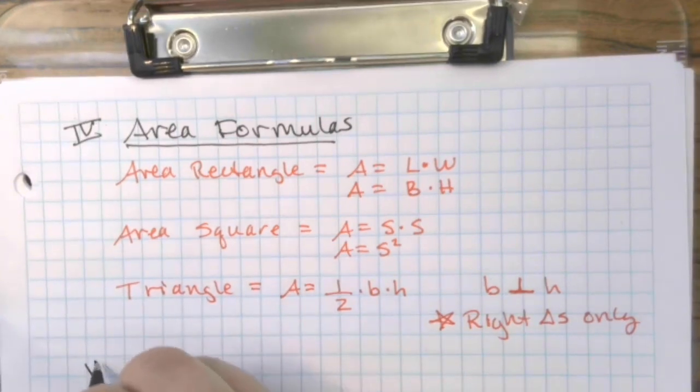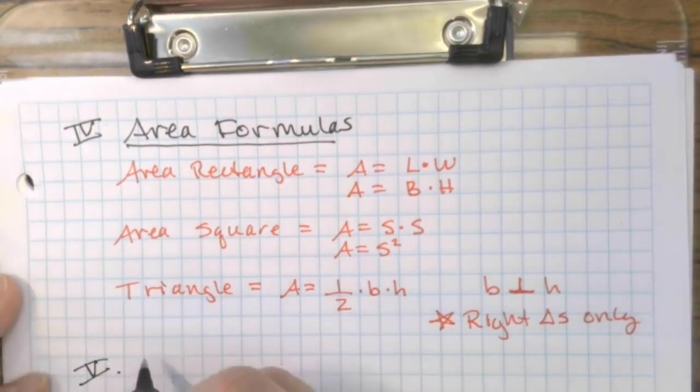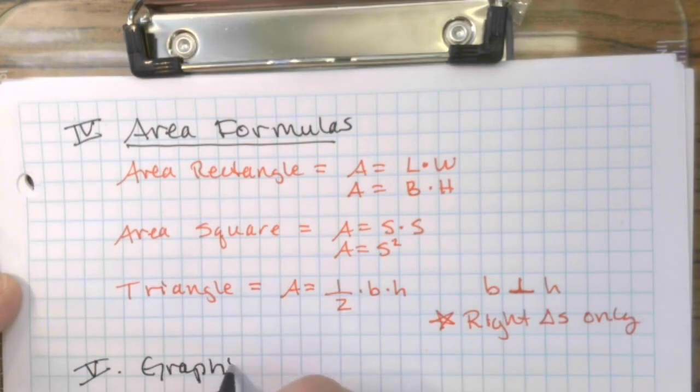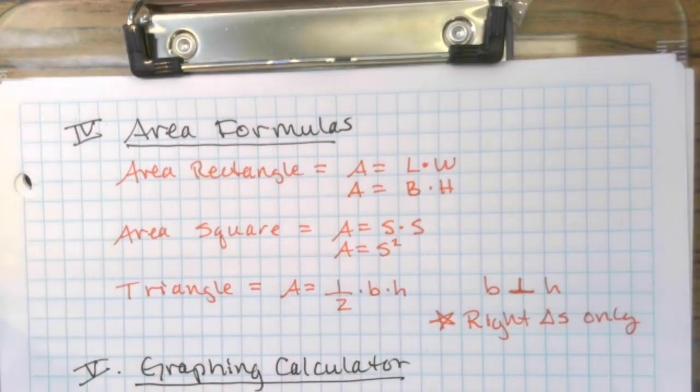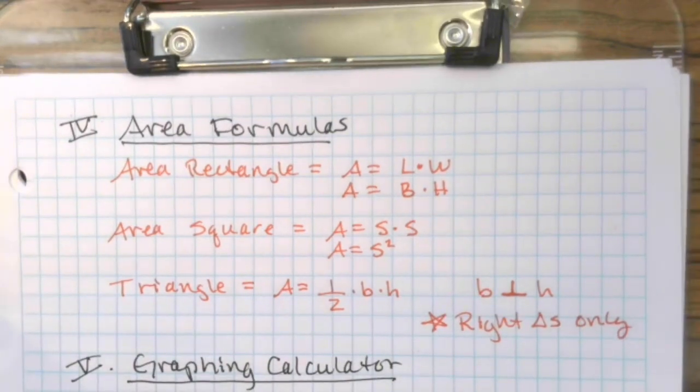All right, Roman numeral 5. We're going to do some graphing calculator stuff. We are going to do what we call a best fit line.